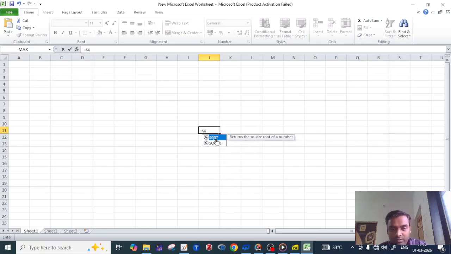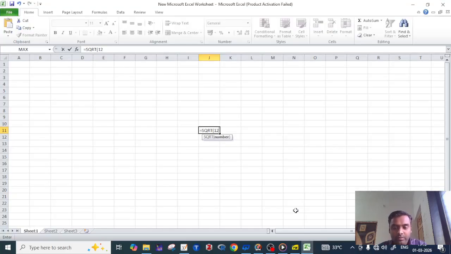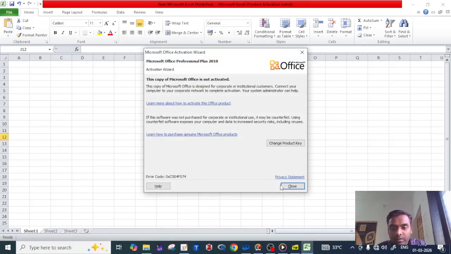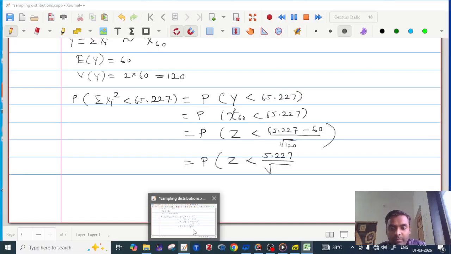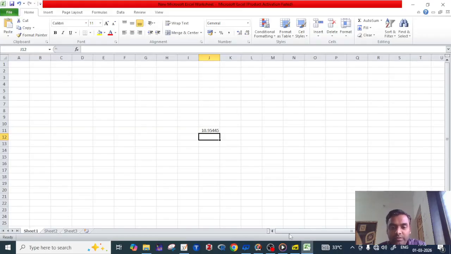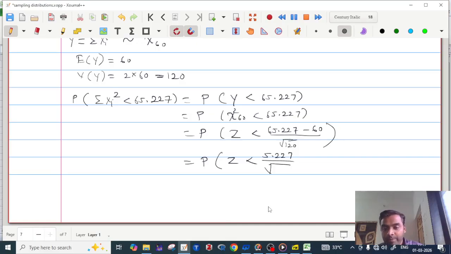The square root of 120 is about 10.95. So 5.227 divided by that is approximately 0.477, that is 0.48 approximately. This is the probability of Z less than 0.47.